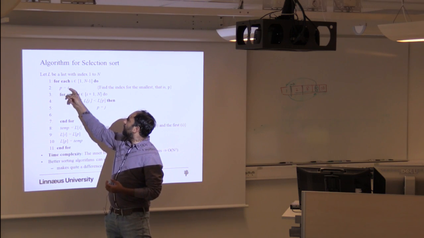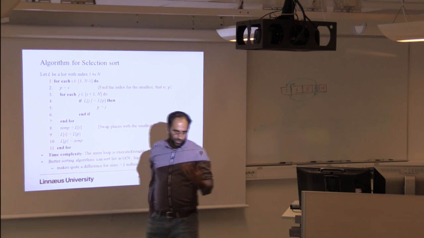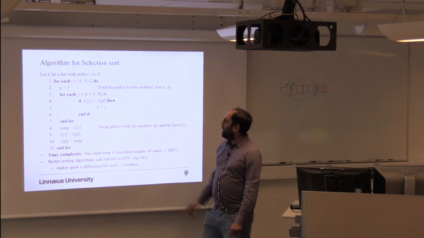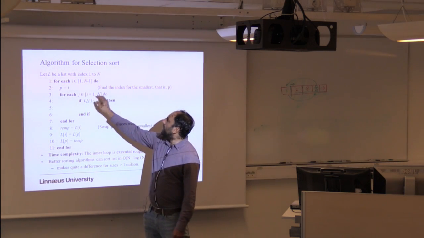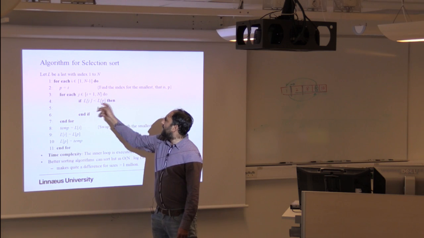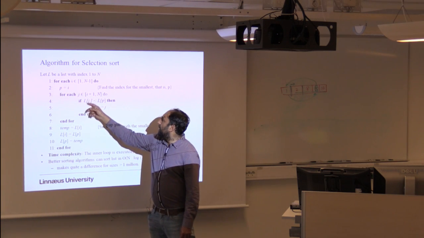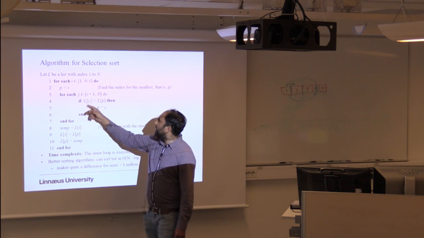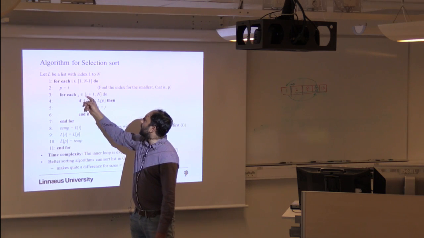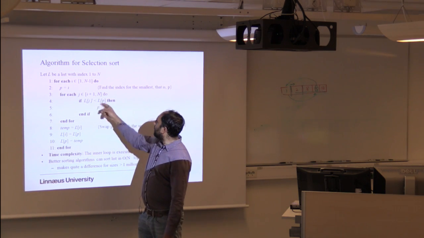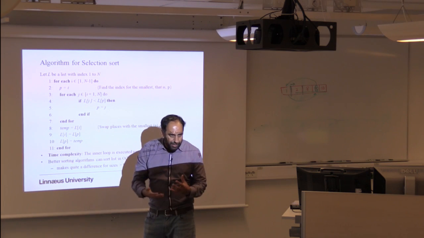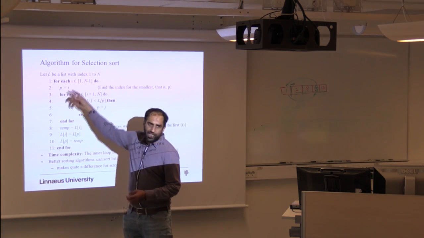In the beginning, we assume that p is equal to I, so starting from the first element, and then we go through all the remaining elements and check if L[j], where j is starting from the same element, and we compare, and if you find a new smallest element, you replace p with the new smallest element.